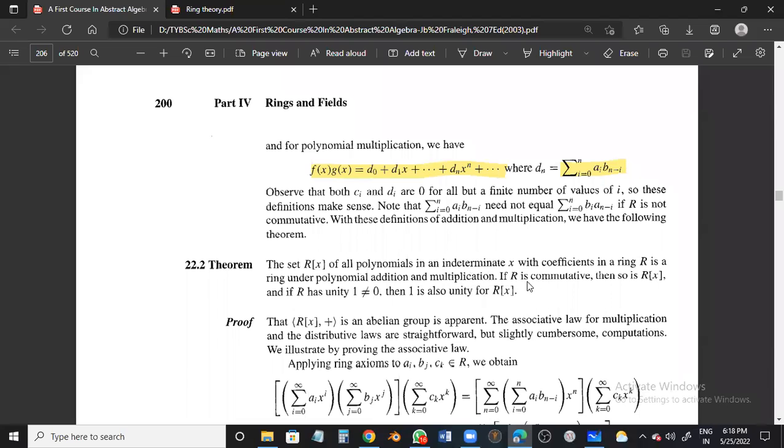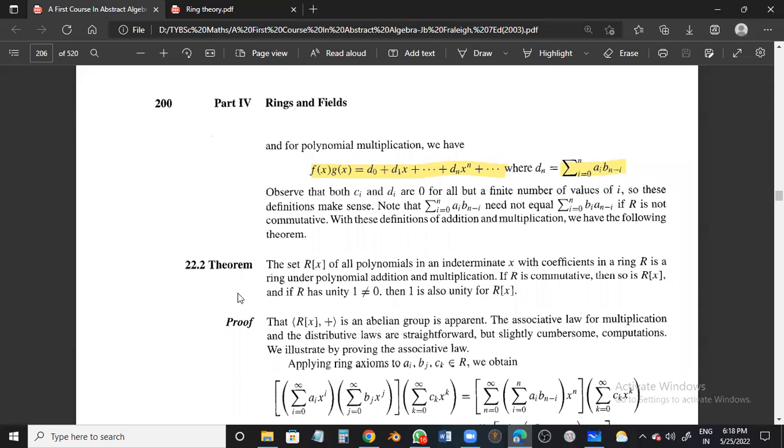Now if your original ring R is commutative, then R of x is also commutative. And if R has unity 1 other than 0, then this one is also unity of R of x. So this is the theorem.